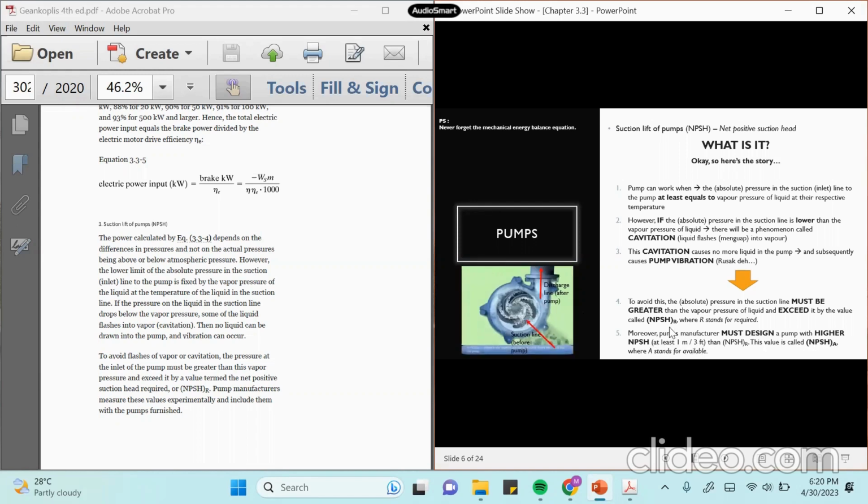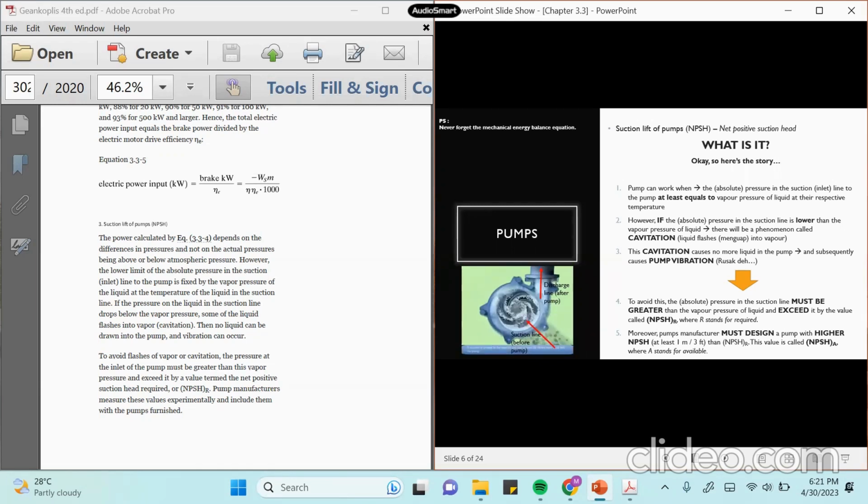So when we have calculated this NPSHR, the manufacturer will exceed it a bit.